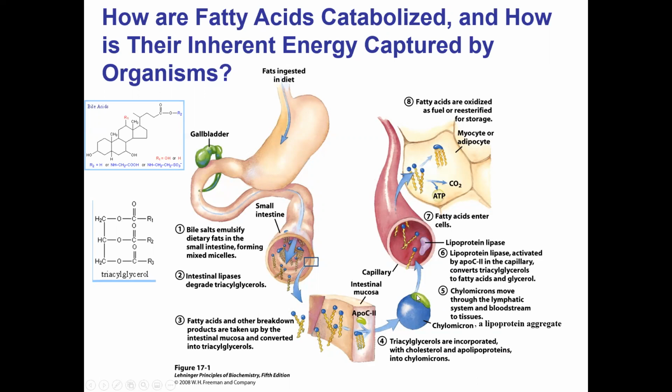Okay, so those lipases that are lining the myocytes and adipocytes get activated when they see this protein ApoC2 on the chylomicron surface. And basically they break open the chylomicron. And then fatty acids can enter those cells. And if it's muscle cells that need ATP, they will get metabolized by beta oxidation. Or if they need to be stored away in adipocytes, they get stored away.